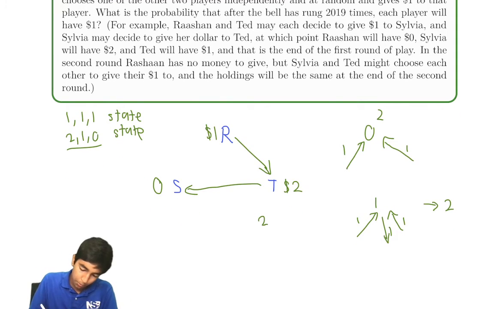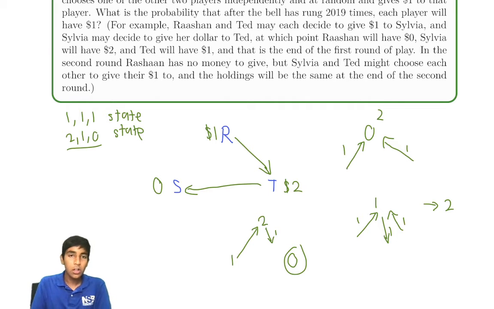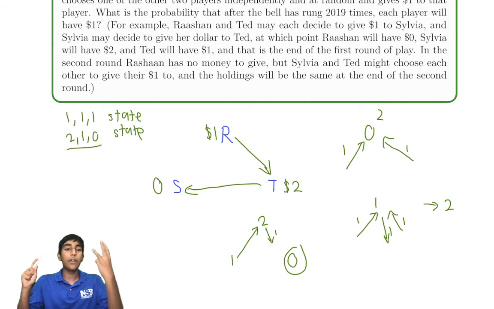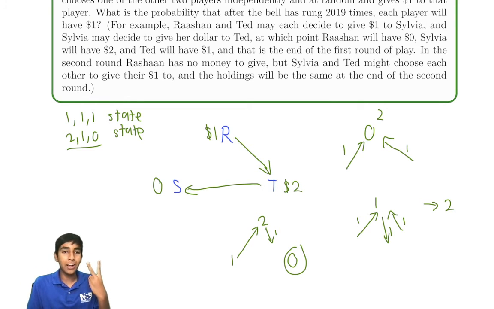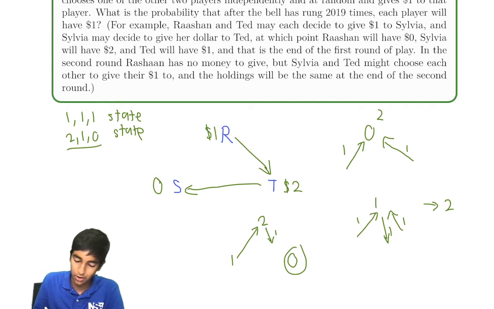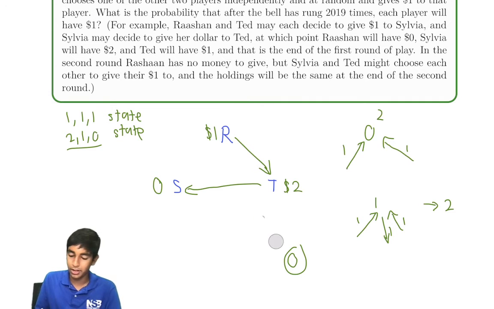One person has 1, one person has 0. The 0 can't give to anyone. The 1 can give to the 2, but then the 2 has to give up 1. So still left with 2. So nobody can ever have $3. It's impossible. So now all we have to do is deal with 2 states and write a 2-variable equation essentially. But it's going to be a recursive equation, not just a simple x and y.